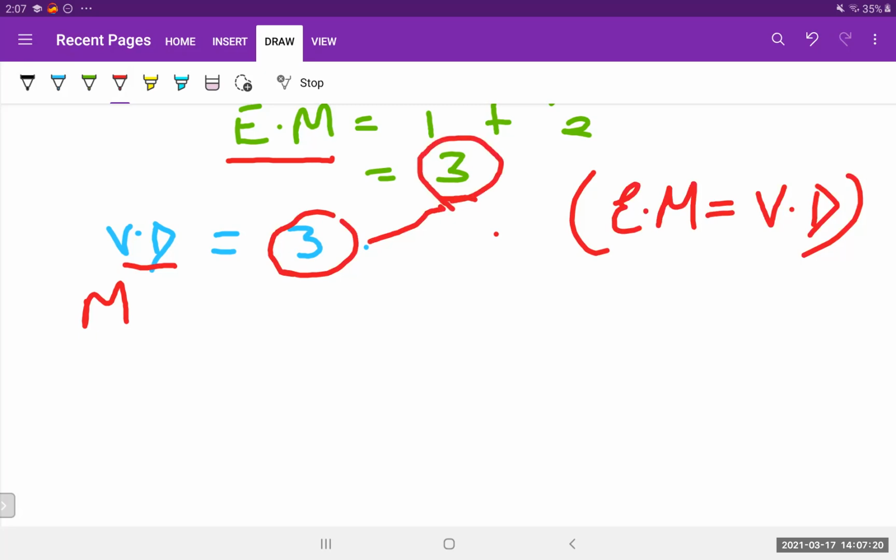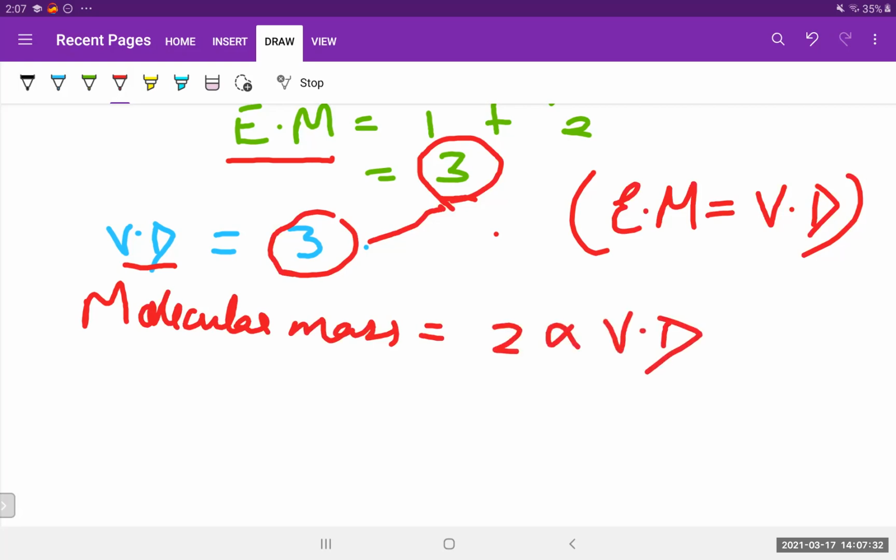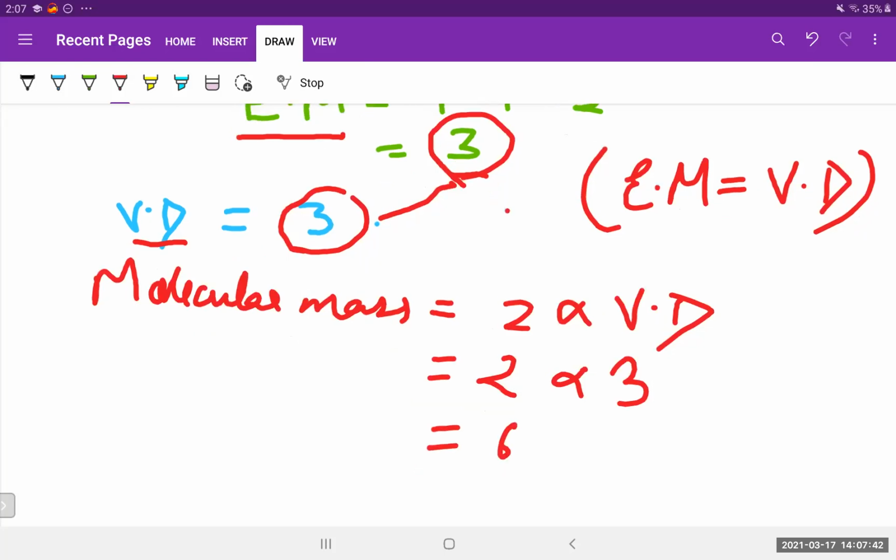Is it clear? Now, I've told you one formula that molecular mass equals 2 into vapor density. What is vapor density? It's 3 here, so it will come 6.